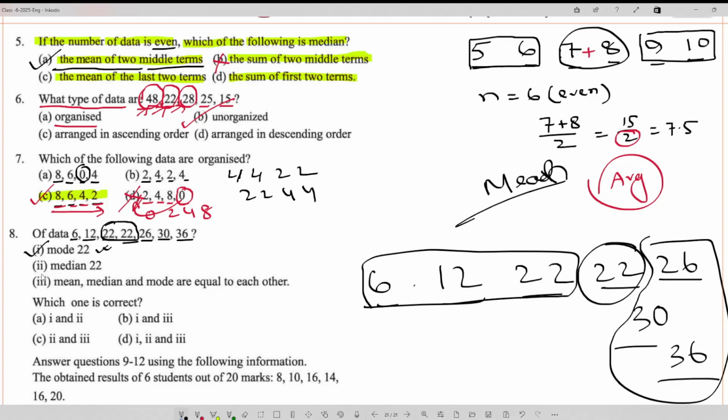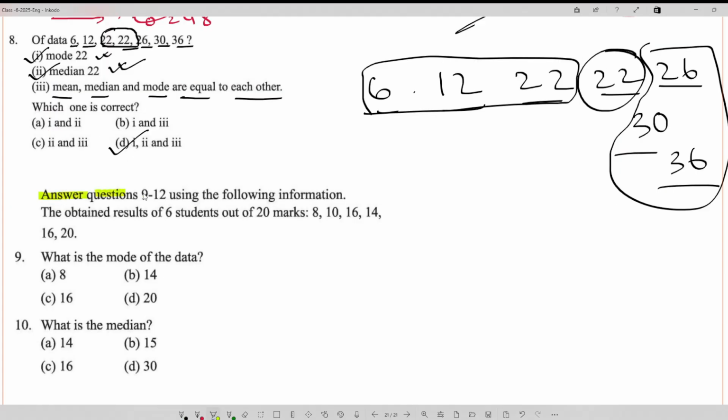Therefore, median is 22. Okay. Now, mean, median and mood are equal to each other. Is it right? What do you think? Yes. So, our right answer is number D.